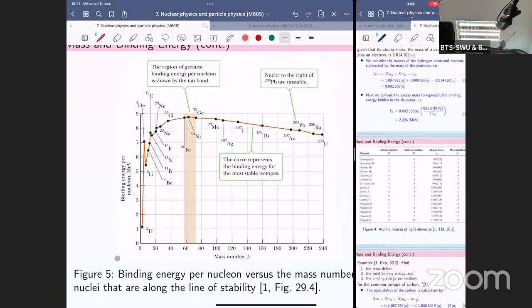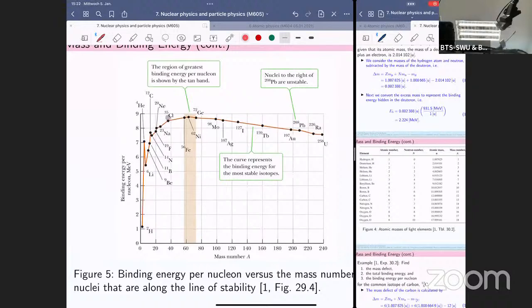Binding energy, right? Starting from a small one, which is hydrogen, lithium, the binding energy is increasing. Binding energy increases to helium and to lithium, and after that to beryllium, to boron, to nitrogen, and sodium, chlorine, and so on.